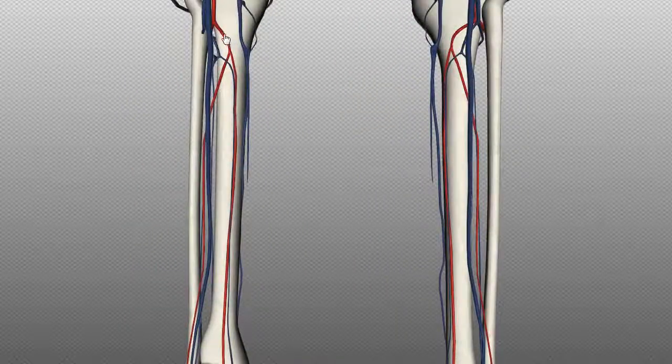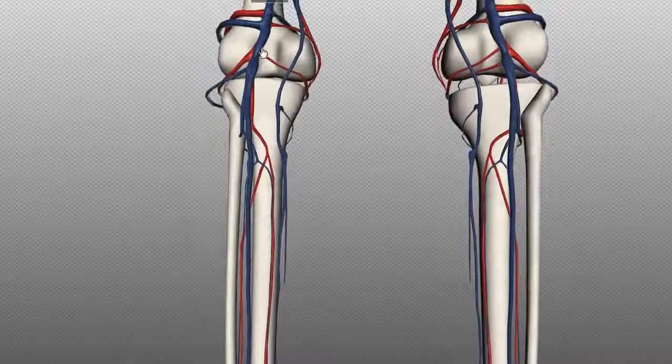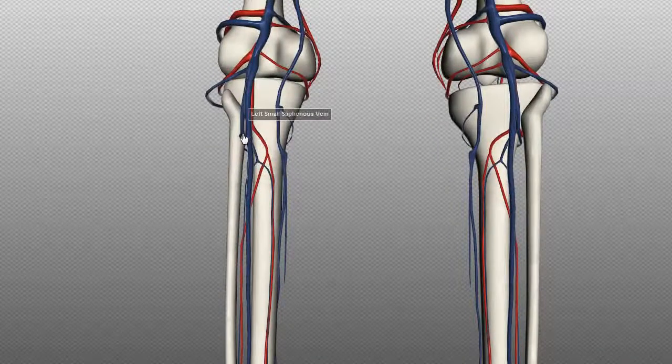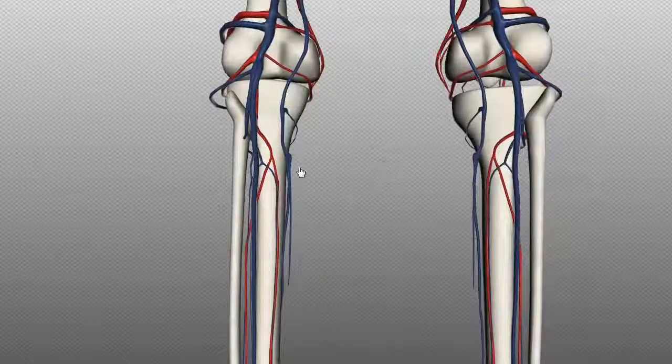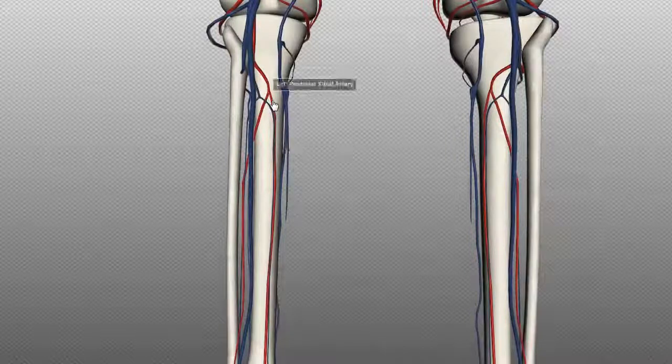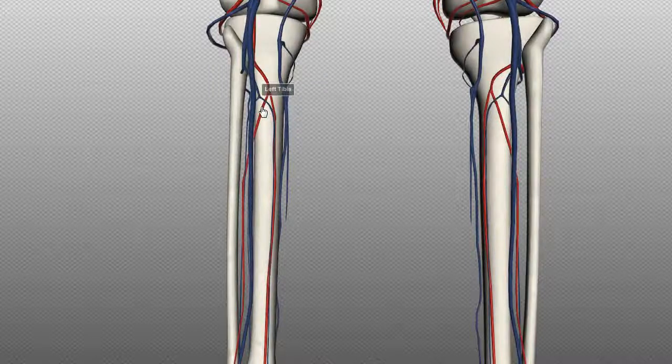You've got the posterior tibial, so the popliteal artery splits into the posterior tibial here. Posterior tibial artery runs down the posterior surface of the tibia, and you've got the peroneal artery, which runs laterally on the posterior surface. So just to recap, you've got the popliteal artery, which branches off into the anterior tibial, which winds around onto the anterior surface of the tibia, and you've got the posterior tibial, which descends along the posterior surface of the tibia, and the peroneal artery.